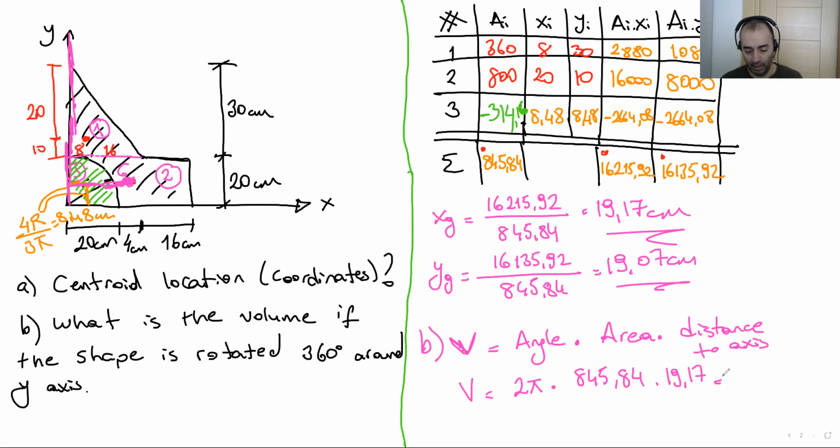So if we multiply all these numbers, let's do it. 2 times π times... this is the volume.